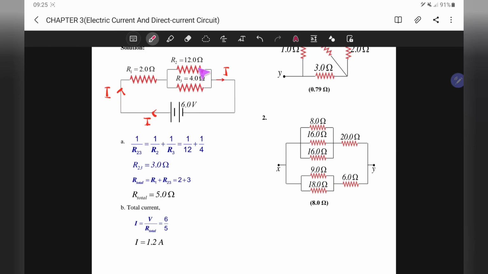So we need to combine these two first, R2 and R3, which are arranged in parallel, isn't it? So 1 over R23 equals 1 over R2 plus 1 over R3. Substitute all the values and you will get R23 as 3 ohms. So now we have the circuit like this.